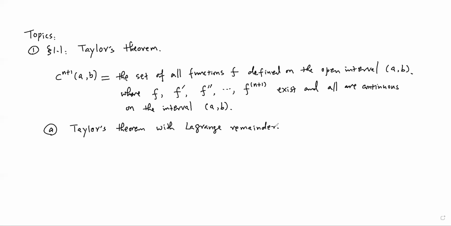Remainder here means the error term. Suppose function f is in this set.